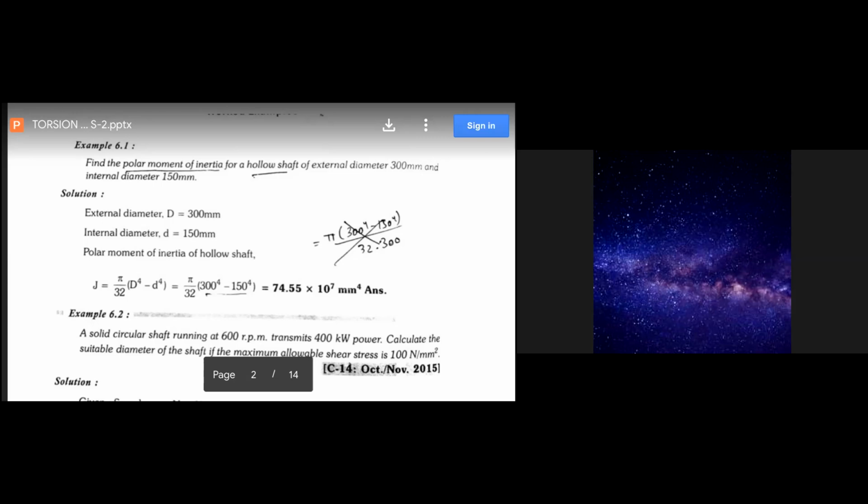Just substitute the given values and calculate. So after calculation, the J value is 74.55 into 10 power 7 mm power 4.